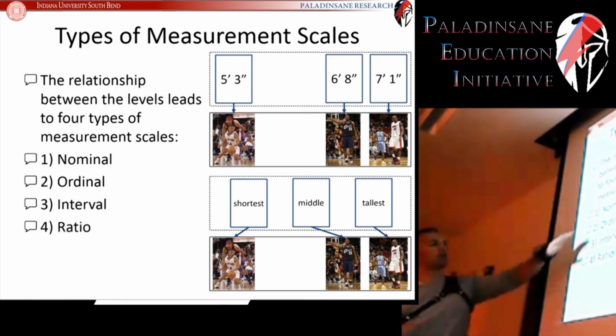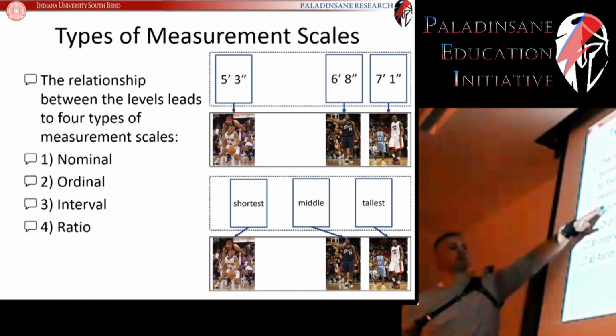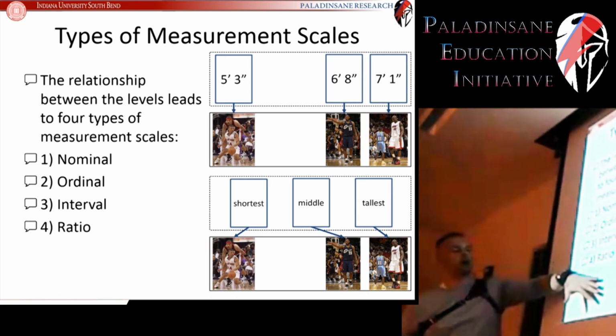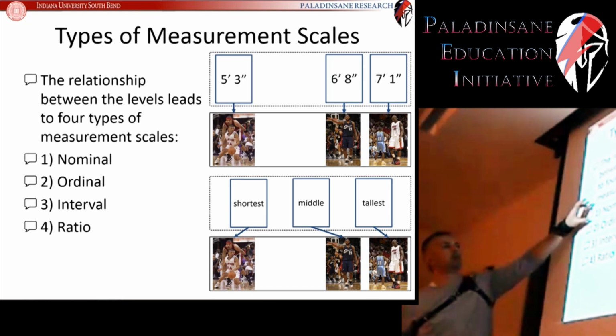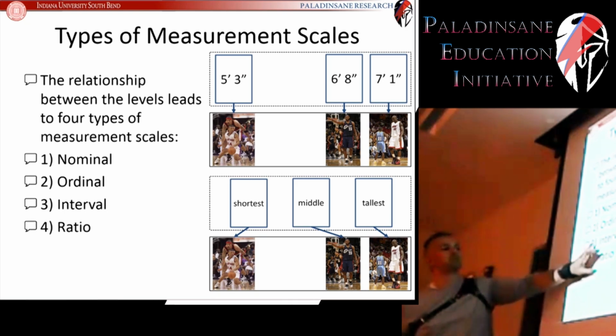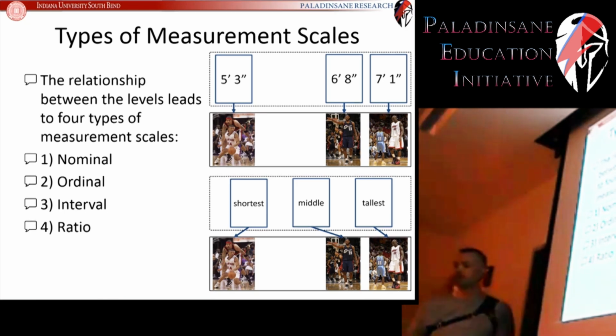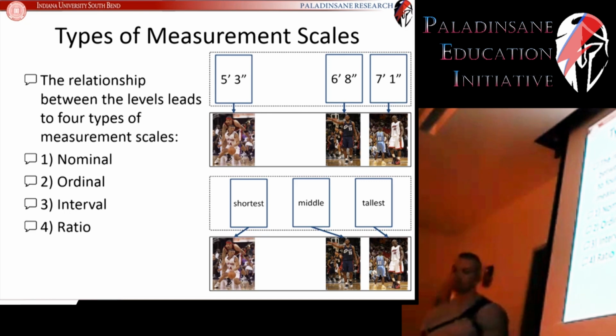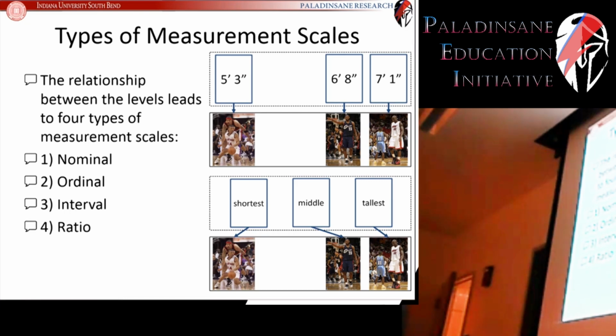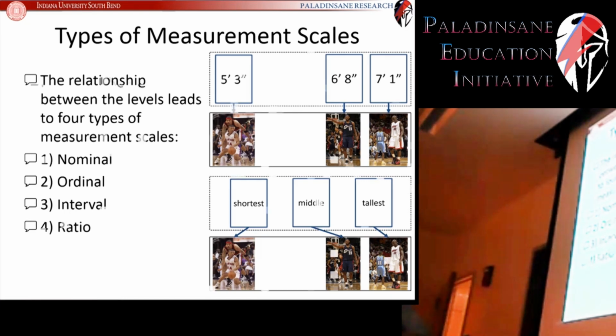All of these are measurement scales. They all have reliability, they all have validity like we saw last time, but you can do very few things with a nominal scale, and you can do a lot of things with a ratio scale. So being able to recognize these scales is a very important skill in psychology.